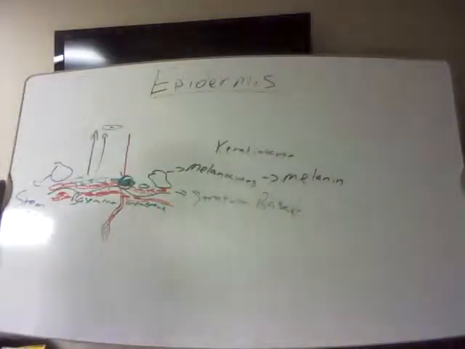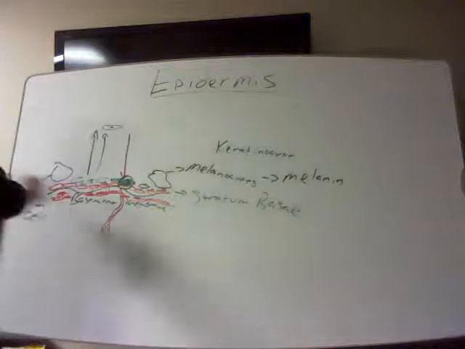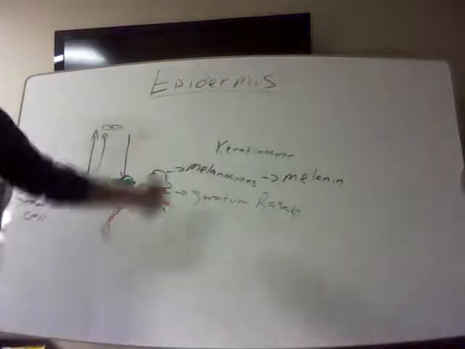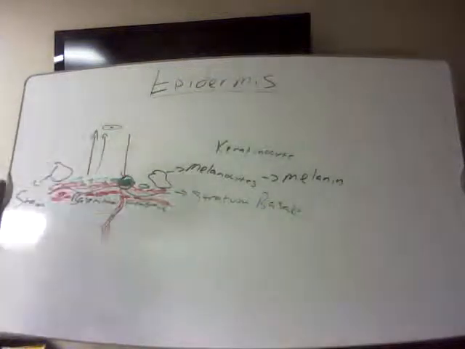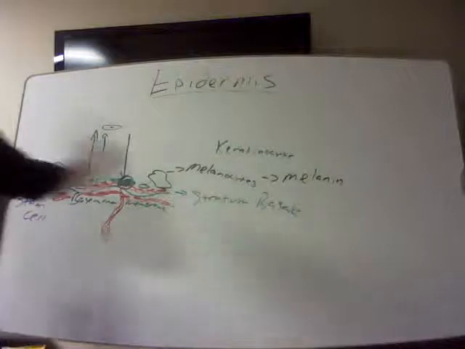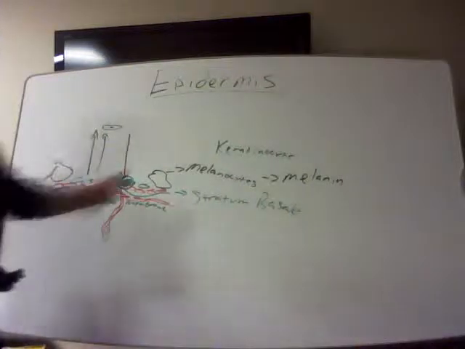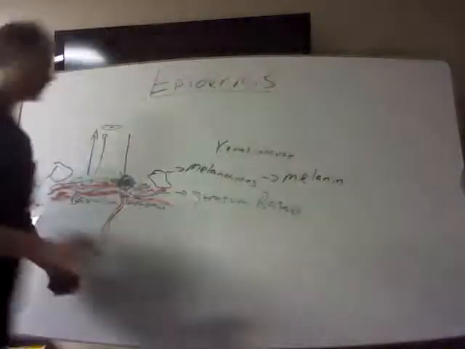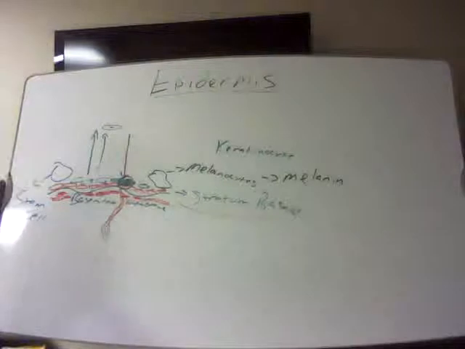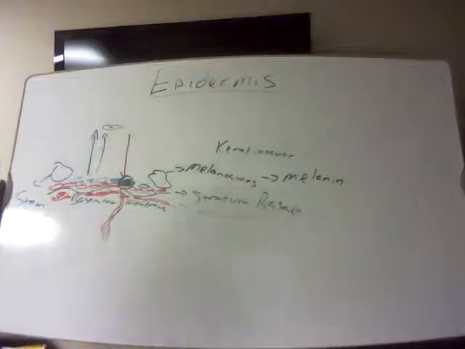Within your dermis, there are other deep receptors found in there. So all these cells that I just mentioned, stem cells, melanocytes, tactile cells, and lots of keratinocytes, are all found very close to the basement membrane, which is in the lowest layer of the epidermis called the stratum basale.